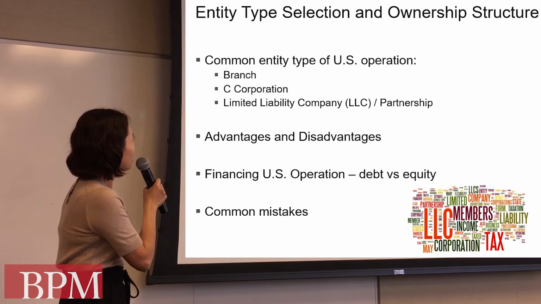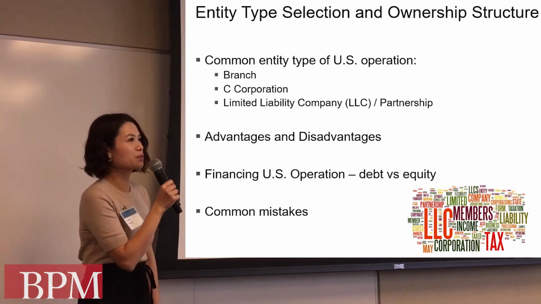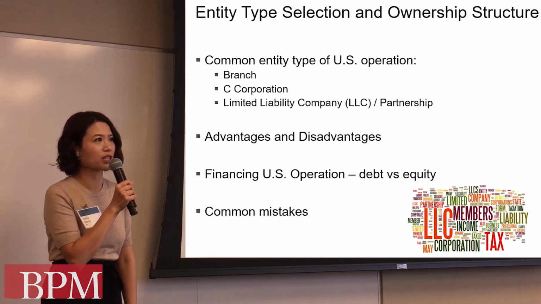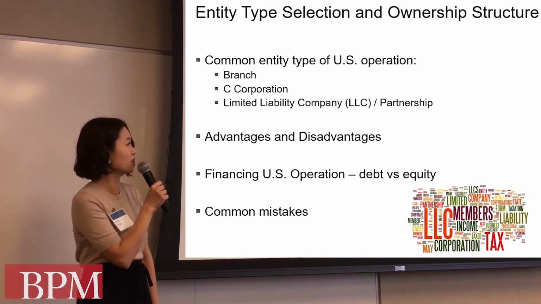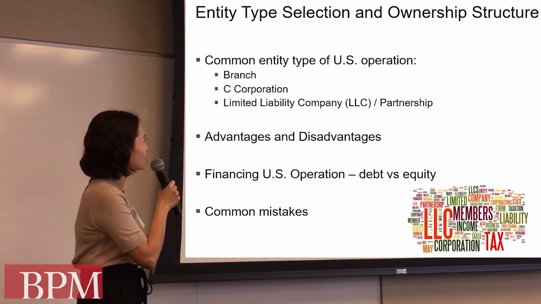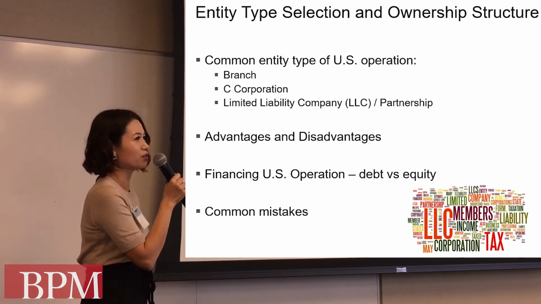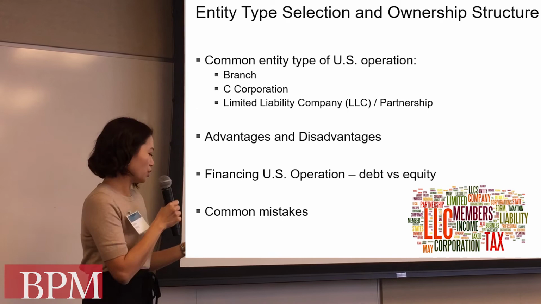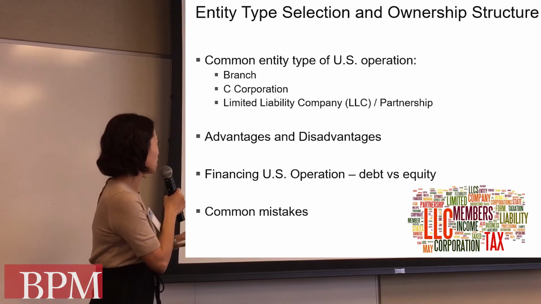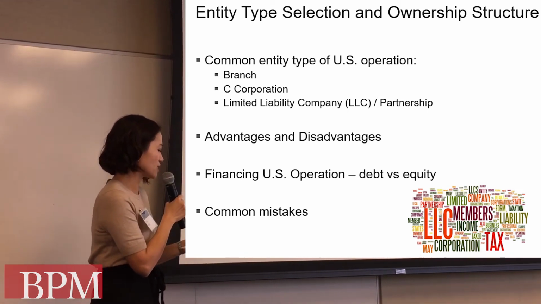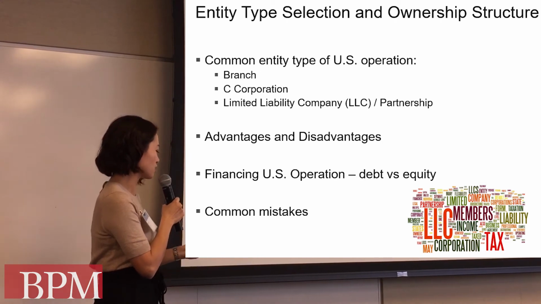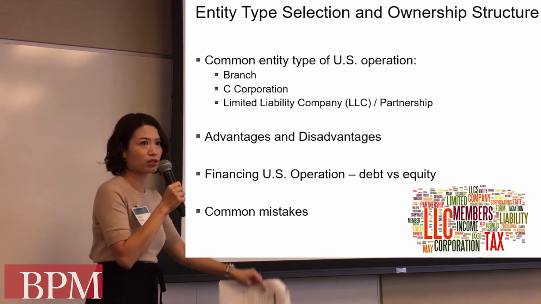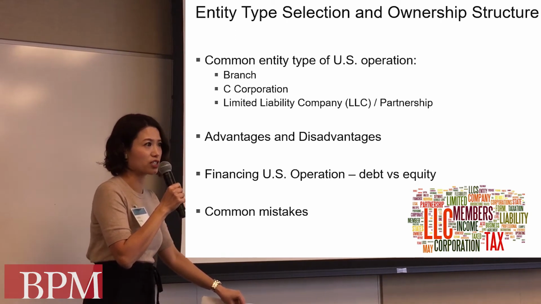The C corporation is pretty much the most common type of structure for foreign companies coming to the US and setting up here. Probably I would say 95% of companies are using this type of structure. The advantage of a C corporation is that it can act as a blocker to separate the US activities from their foreign operations.